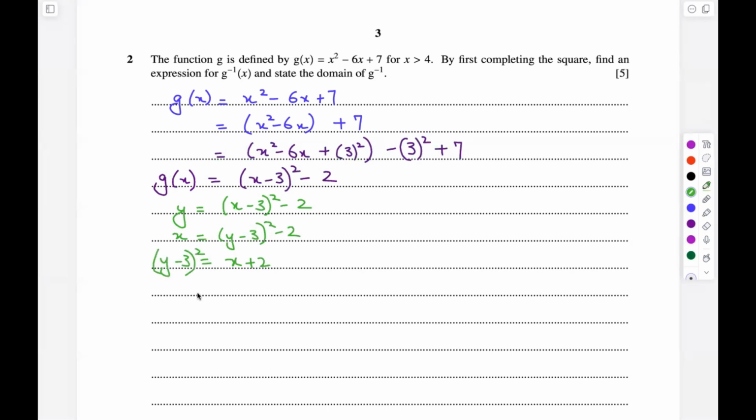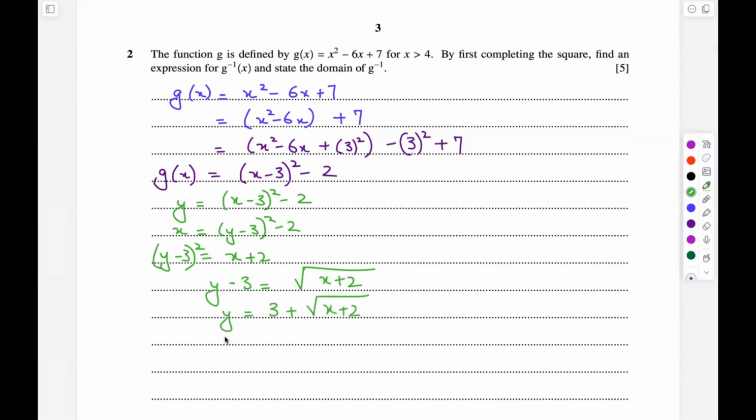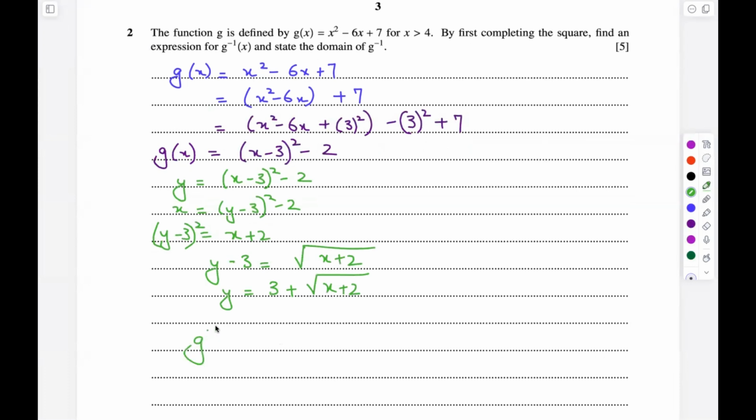Now taking the square root on both sides, we'll get y - 3 = square root of (x + 2). And finally, taking 3 to the other side, we get y = 3 plus square root of (x + 2). So we can write that the expression for g inverse of x will be equal to 3 + square root of (x + 2).